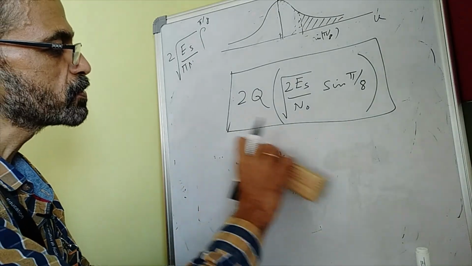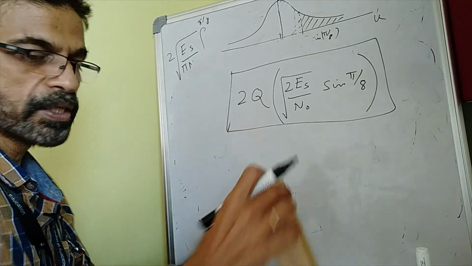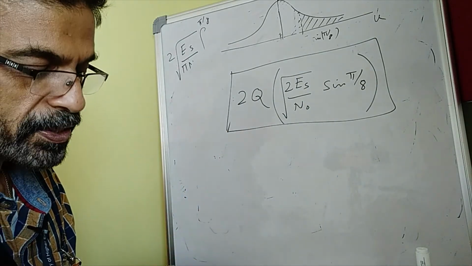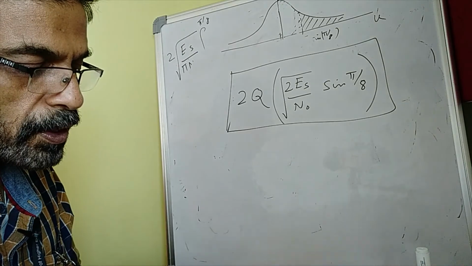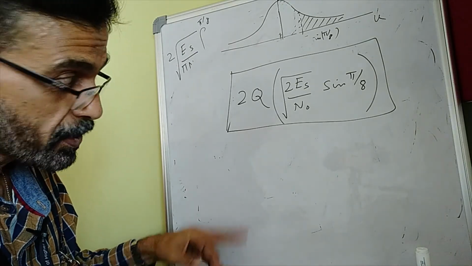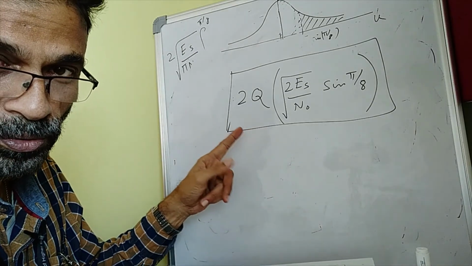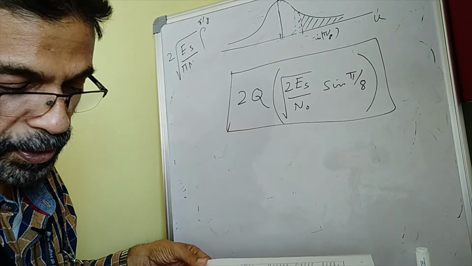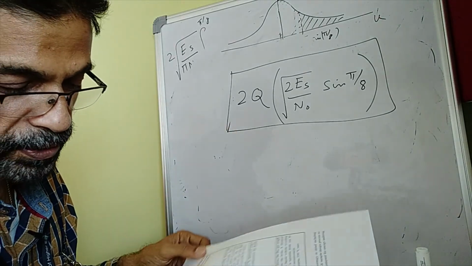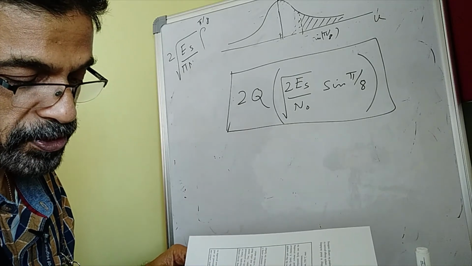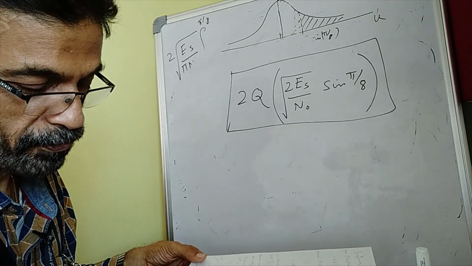You can compare this with the approximate symbol error rate of QPSK. Remember, this is an approximation, because at some point we have in fact proceeded with an approximation of the density function of phi.